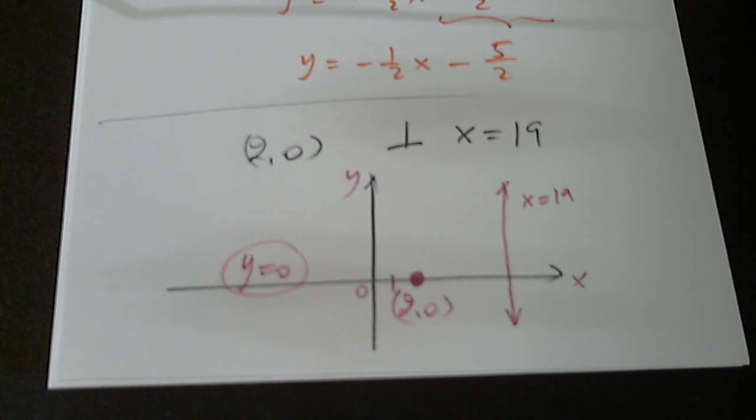Write the slope intercept equation of the function f whose graph satisfies the given conditions. They want me to write f of x.